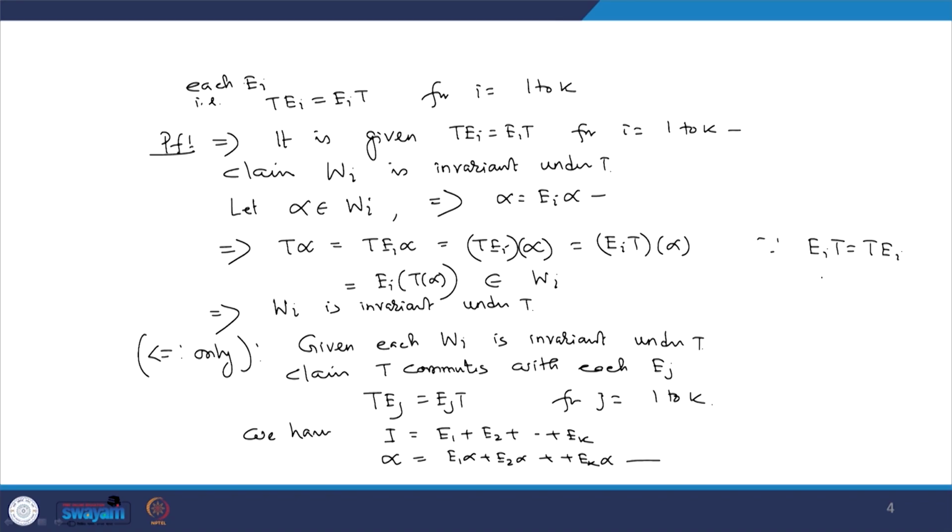So, the results we have considered are valid for both finite and infinite cases.